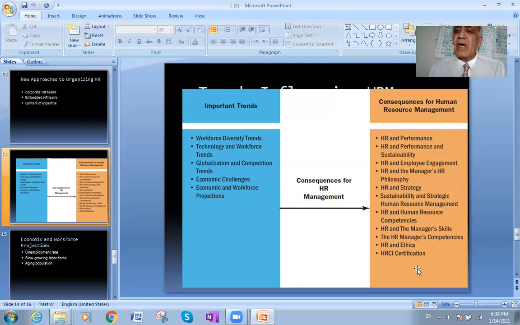So a new type of human resource management should now exist and work, not like 100 years ago. The role is changing, of course, because of those variables.